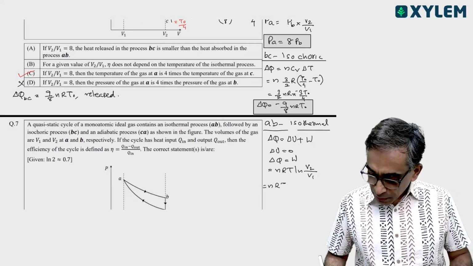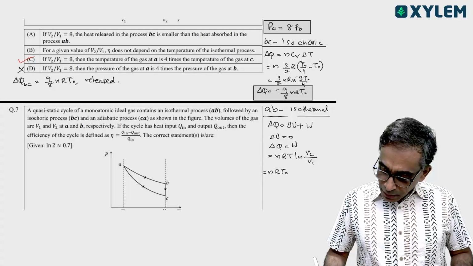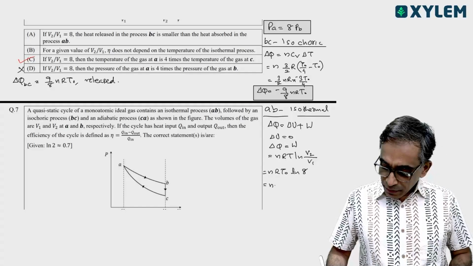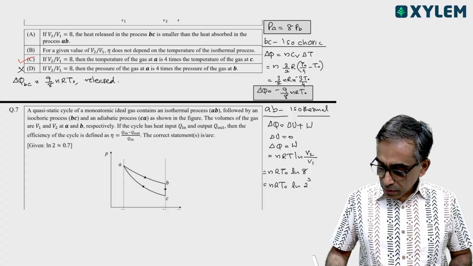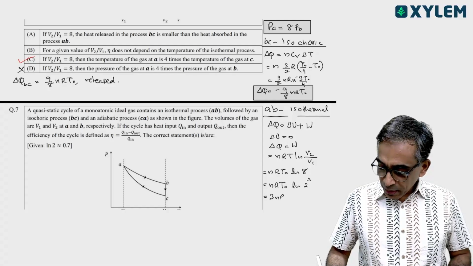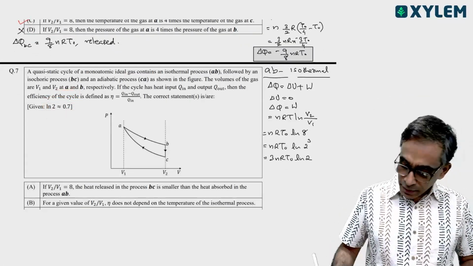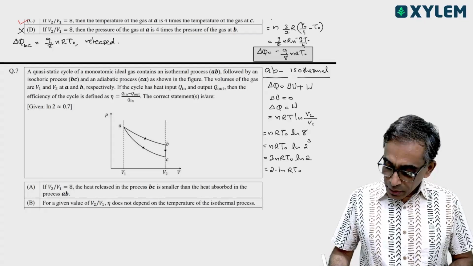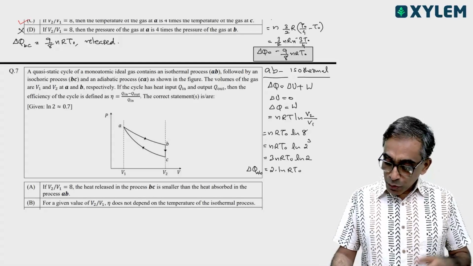That is T0, into log of V2 by V1 is 8, which is nR T0 log 2 cube, which is 3 nR T0 log 2. And log 2 in the question is given as 0.7. So 3 into 0.7 will give you 2.1 nR T0. This is the heat transferred in the process AB.